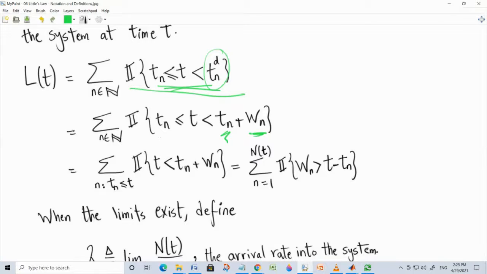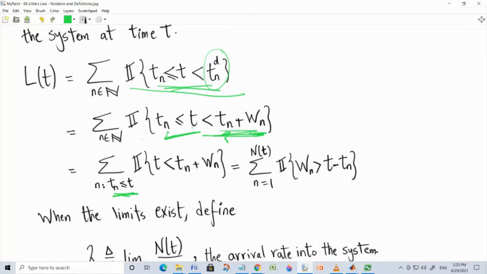So we have two inequalities here. First, to count a customer, the time instant t in which we study the system must be after the arrival time of the nth customer, so Tn is less than or equal to t. But you also need another inequality, which is that the departure happens after t.